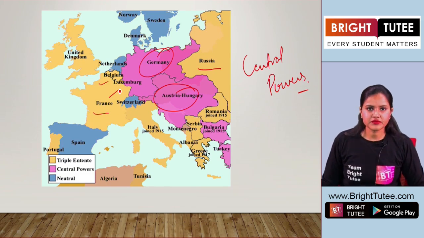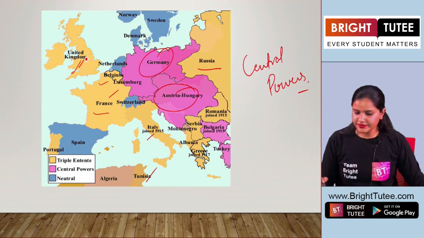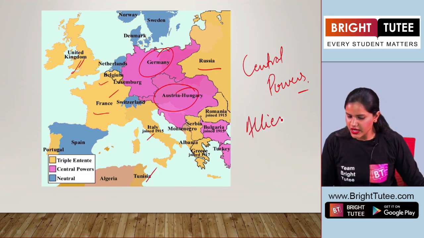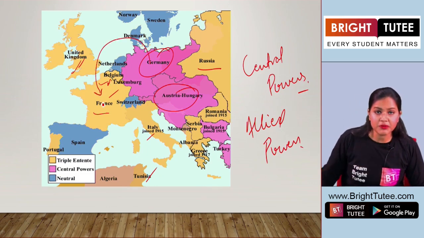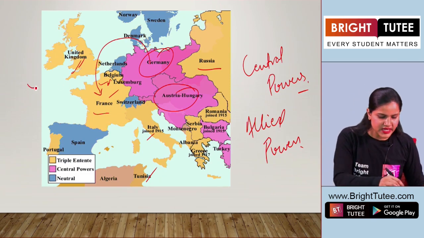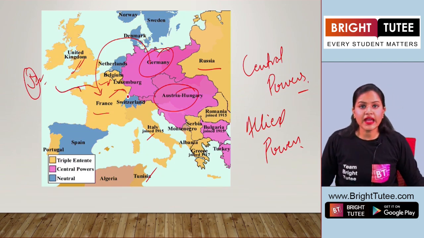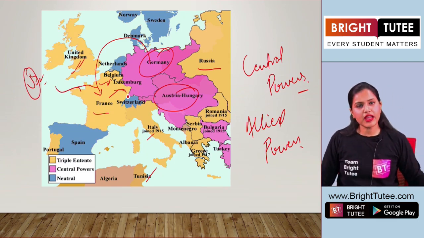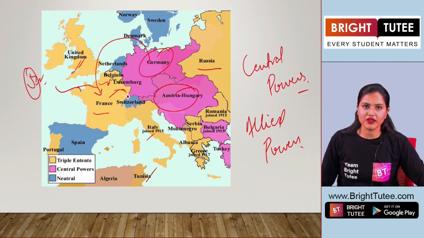So they were participating from the Allied forces or Allied powers, right? So initially we see that Germany gained control over Belgium and France, but later on with the entry of the United States, they were defeated. The Allied powers became more powerful and Germany was defeated in the First World War, right?